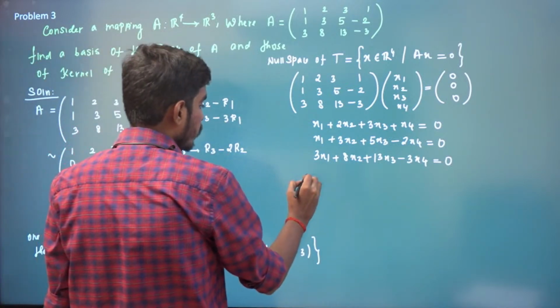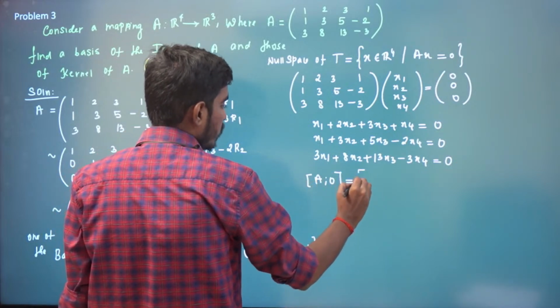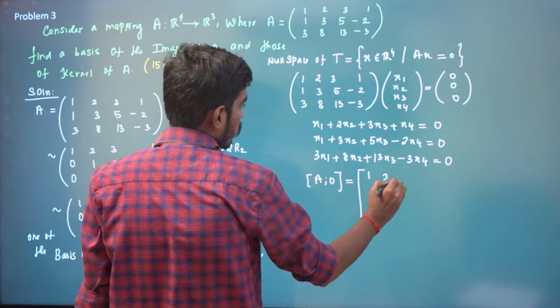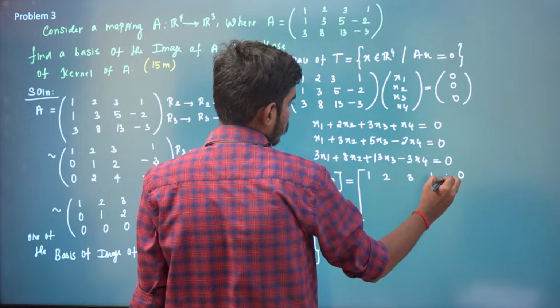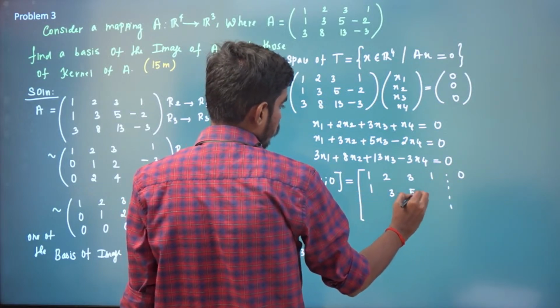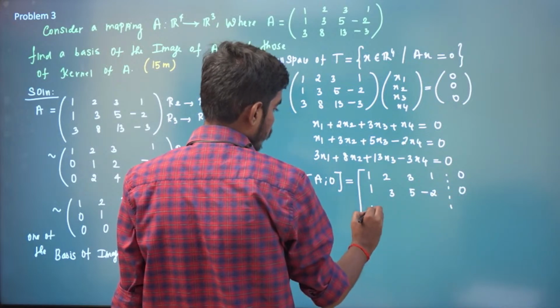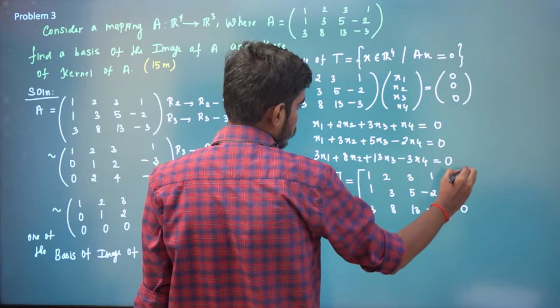So we will find the augmented matrix, right? We will find the augmented matrix 1, 2, 3, 1, 0. And then we have 1, 3, 5, minus 2, 0, 3, 8, 13, minus 3, and 0.